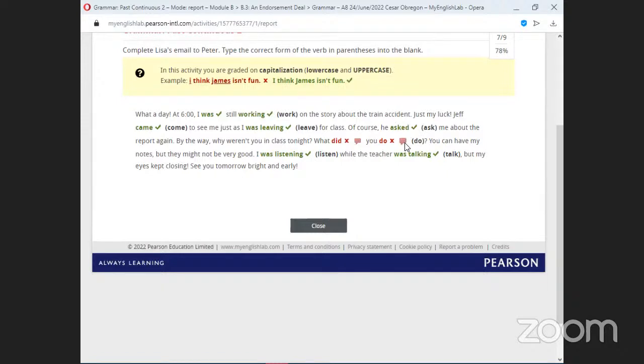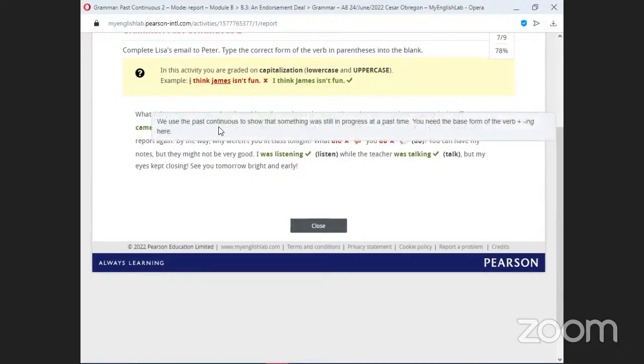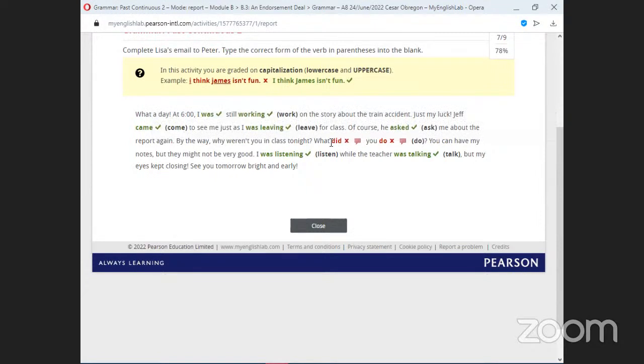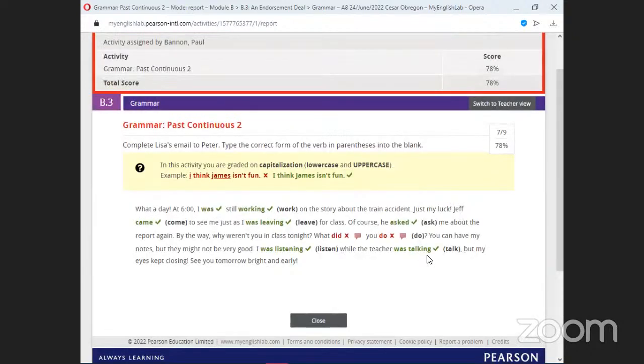But we use the past continuous to show that something was still in progress in the past. You need the base form of the verb plus ing. So in this case, what were you doing? Don't forget to take a picture. Oh, sorry, I didn't take a picture.